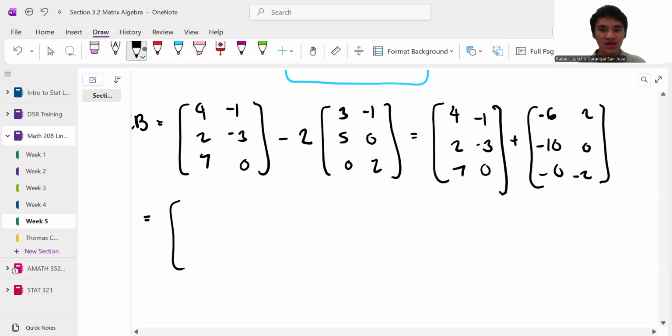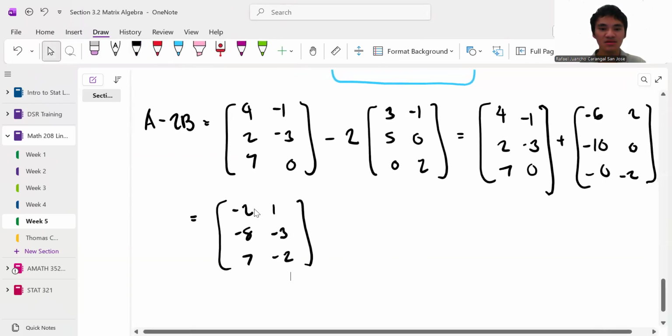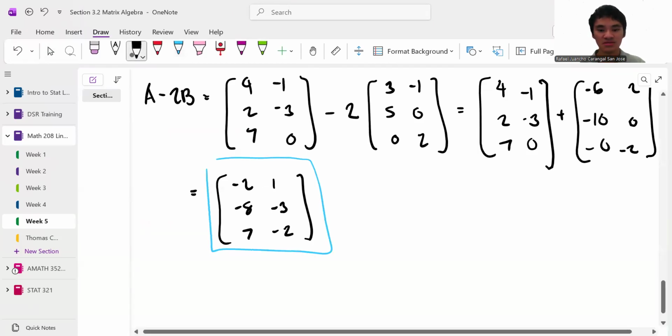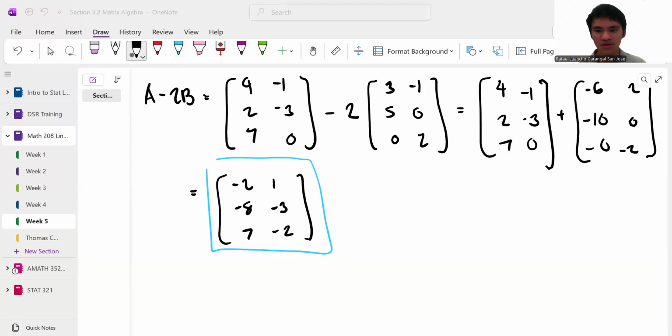And we should get 4 minus 6, -2, 2 minus 10, -8, 7 minus 0, 0, -1 plus 2, 1, -3 plus 0, -3, 0 plus -2 is -2. So that's the resulting matrix of A minus 2B. I hope I got that one.